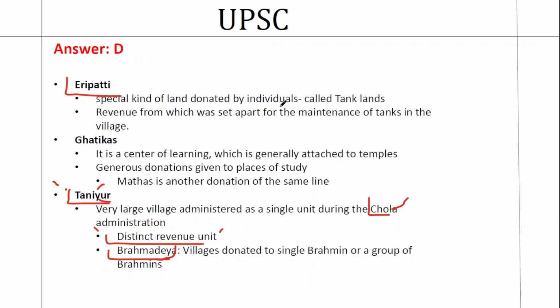Special kind of land donated by individuals, and the other name of this term is tank lands. The direct translation of eripati is tank lands. These are lands donated for the village tank, and the revenue generated from this land is used for the maintenance of the tank itself. So eripati basically means a tank land. This is a fact that you have to learn by heart yourself, because there is no other way to tackle this concept.